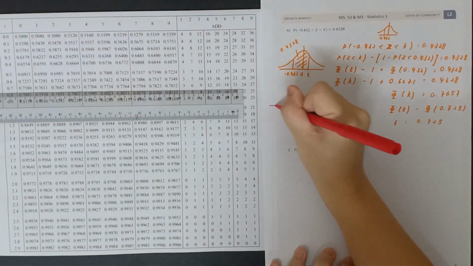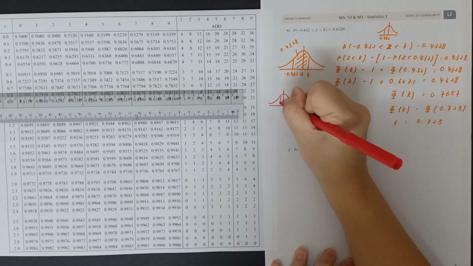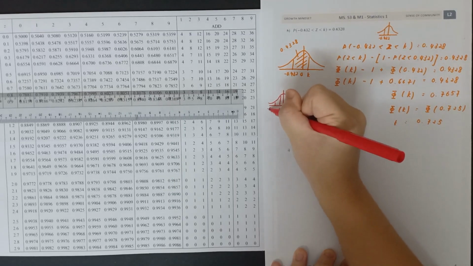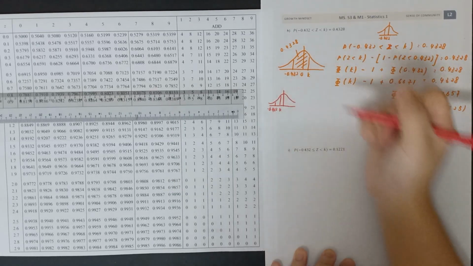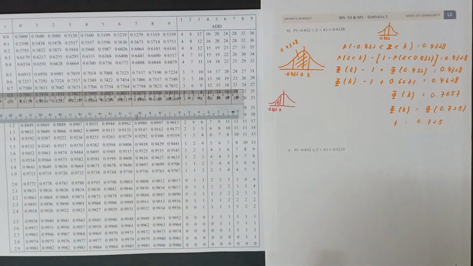Okay, so if you thought that your k is a negative value also, what are you going to do? Then you are going to reflect it, and use the bigger one, which is 0.432, minus the k.